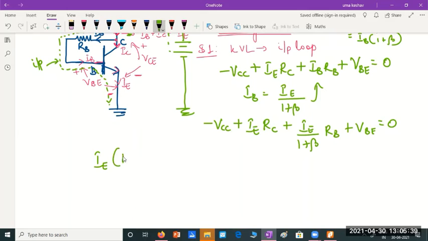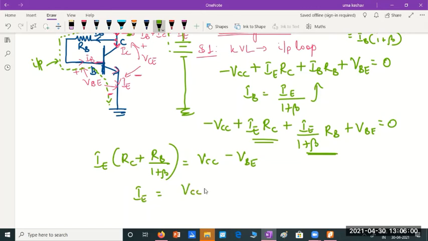So IE into RC plus RB by 1 plus beta. There are two terms with IE, this and this. And when I shift these voltages to the right hand side, I'll get plus VCC minus VBE, or IE is equal to VCC minus VBE divided by RC plus RB by 1 plus beta.